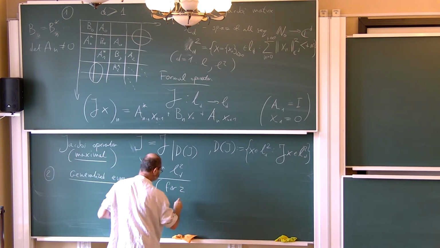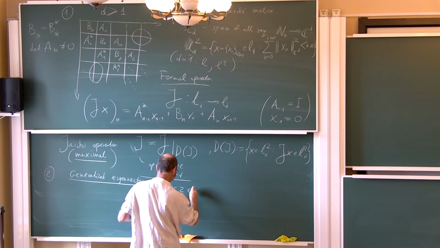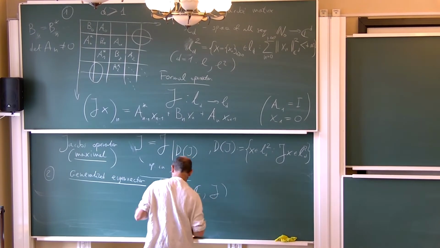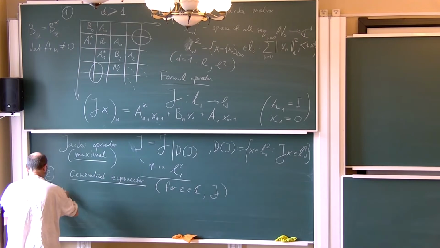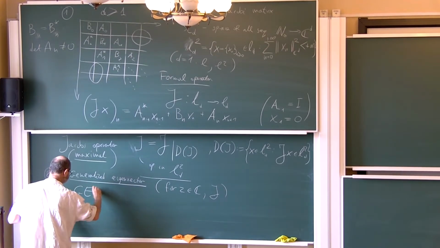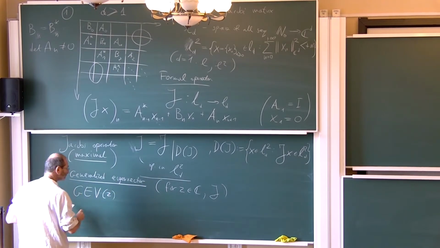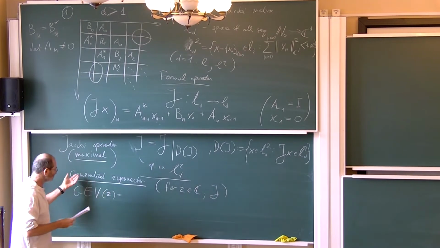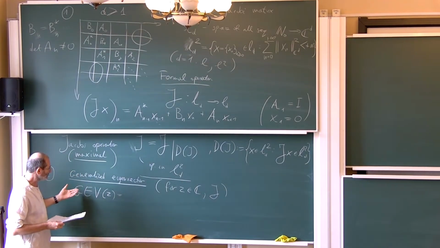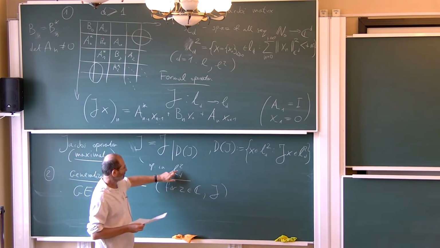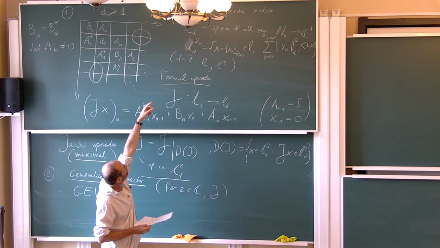For z in complex numbers and formal J, we denote by GEV of z this space, a two-dimensional space, but not a subspace of L2, just a subspace of LD.